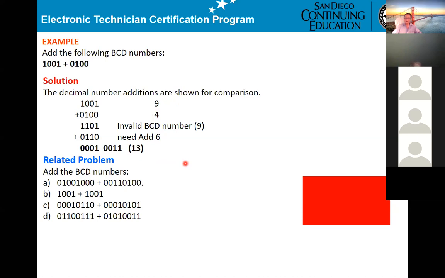Okay, on this one, you must do for me A, B, C, D. Try to see how many people get the right answer. Whoever gets number A done, let me know.